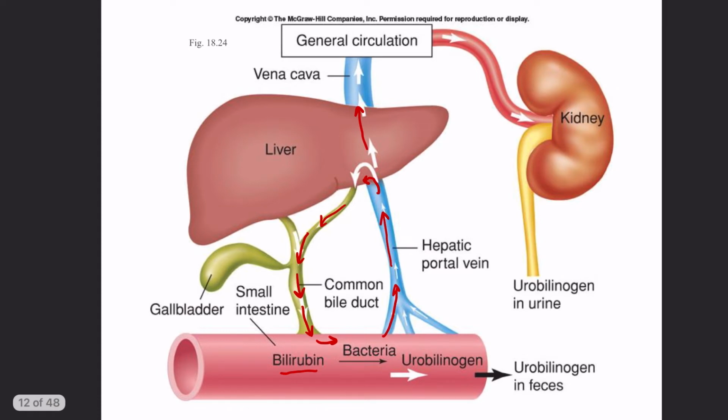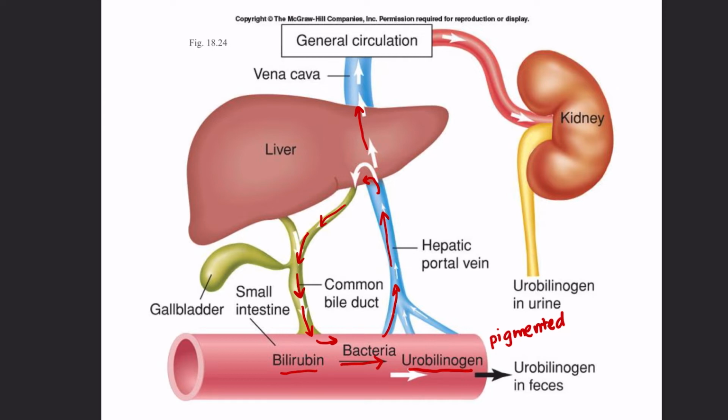Bilirubin, with that conjugated bilirubin, bacteria can transfer that into urobilinogen, and this is actually pigmented as well. This is actually what gives feces the brown color that it is, urobilinogen.